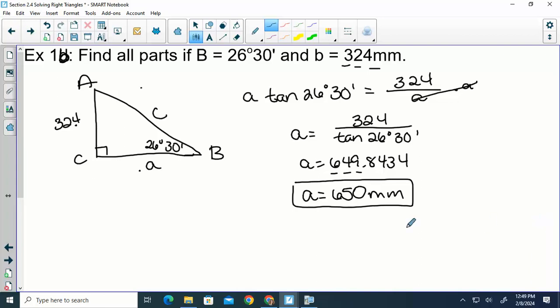Okay. If I wanted side C and I wanted to use these numbers, we could say the sine of 26 degrees, 30 minutes equals the opposite, 324, over the hypotenuse, which is C. So if you want to get rid of the fraction, you have to multiply the C over, and then we have to divide.